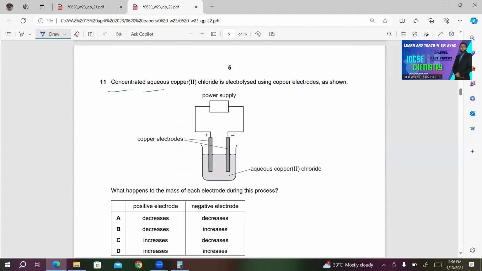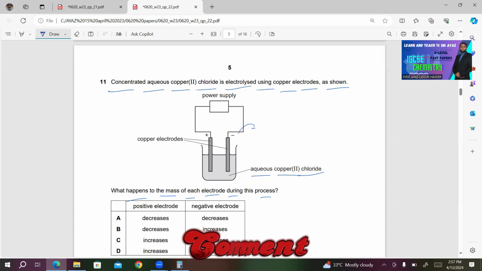11. Concentrated aqueous copper 2 chloride is electrolyzed using copper electrodes as shown. We have copper electrodes and we have aqueous copper 2 chloride solution. What happens to the mass of each electrode during this process? As you have copper electrodes, copper ions will move towards the cathode. This is a cathode. Copper deposits.